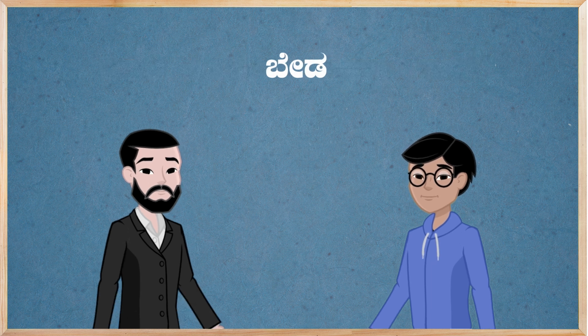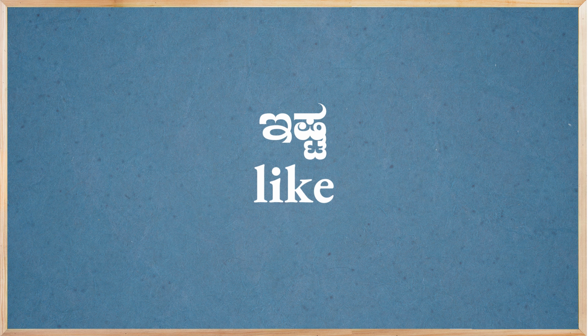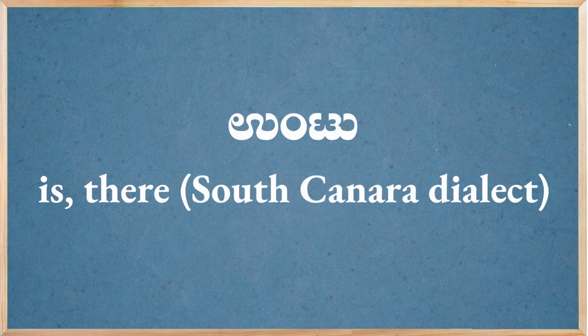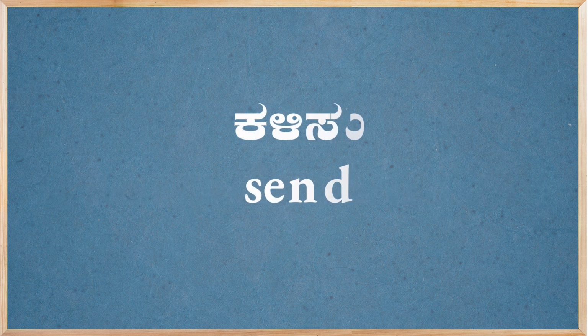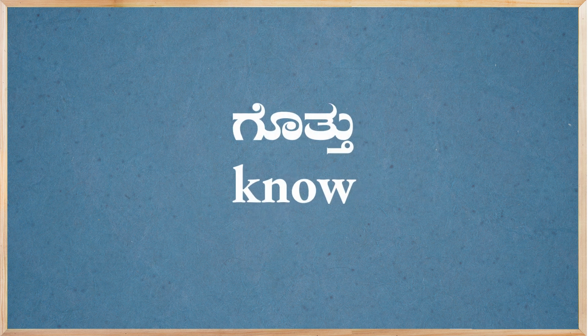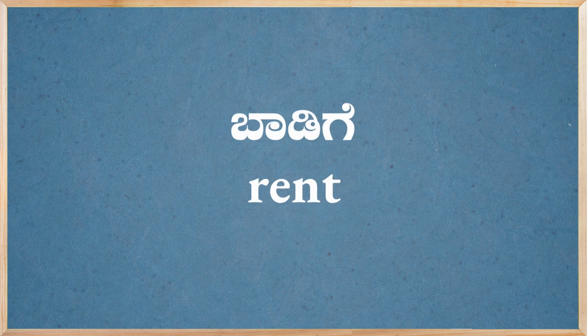Very well. Now let's look at the vocabulary we have learnt in this lesson. Ishta, like. Untu is there, South Canara dialect. Oni, lane. Kalisu, send. Kodu, give. Gottu, know. Torisu, show. Badige, rent.